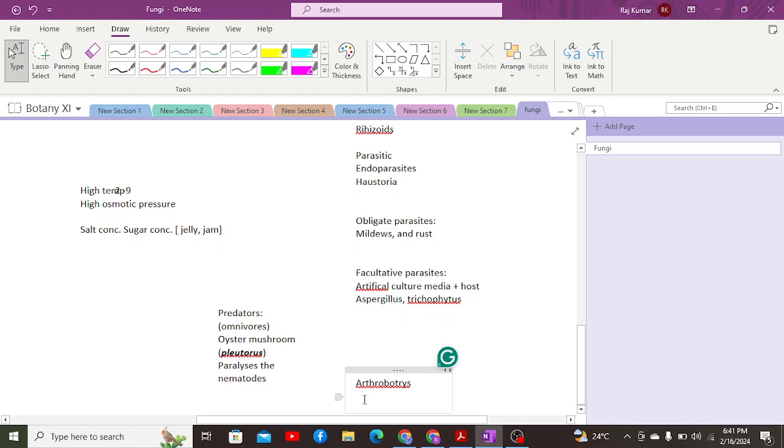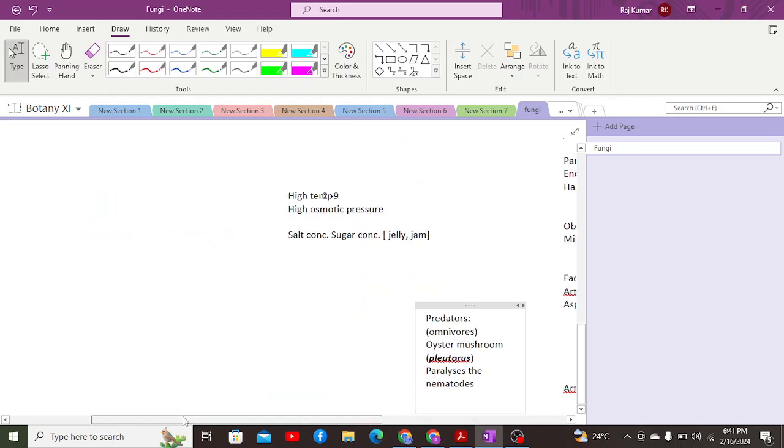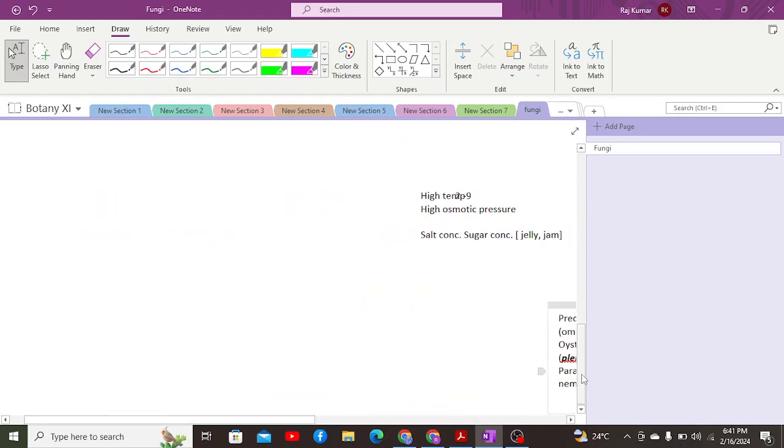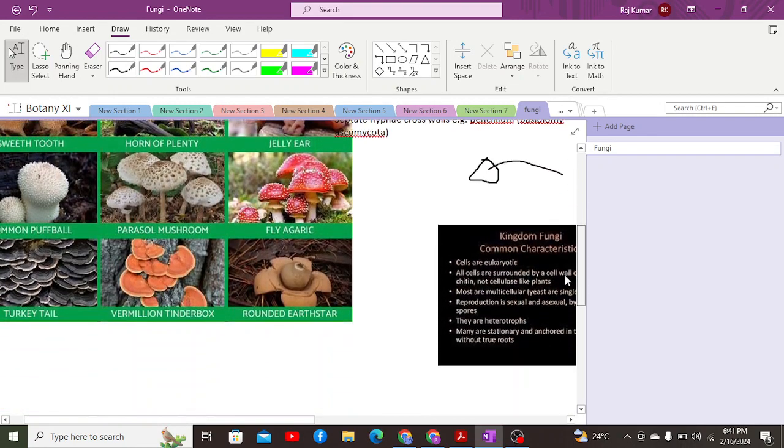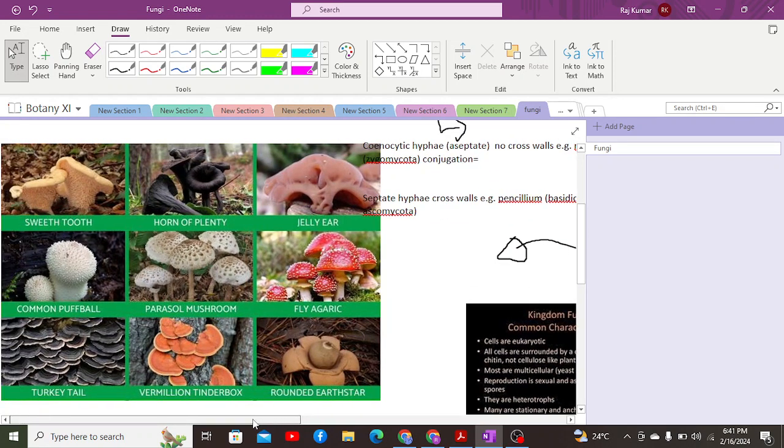Some other kinds also release sticky substances out of their body, which entangle the nematode within their sticky secretions.